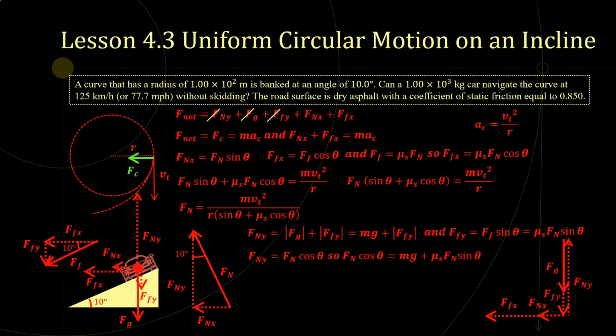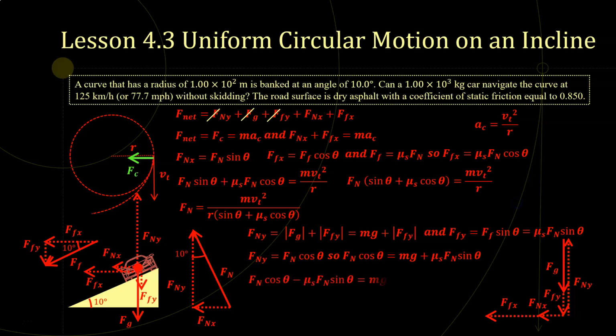And then I'm going to put that expression, the normal force times the cosine of theta, and my expression mg, and my expression for friction, the coefficient of friction times the normal force times the sine of theta, all into my expression where I have these three forces equal to one another. Okay? Now, what can I do with this? Again, this looks like a pretty messy expression.